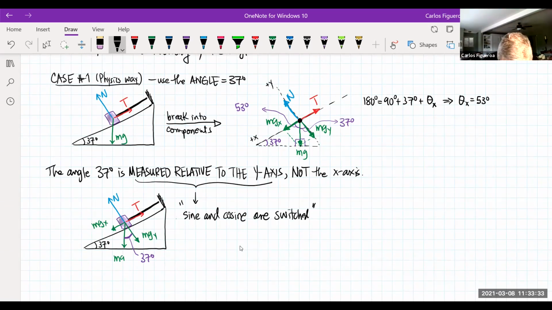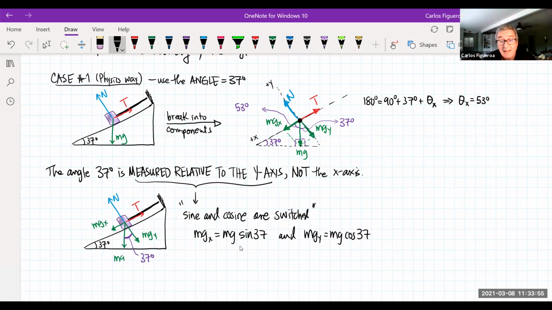Well, what it means is that when I look at mgx, it should be mg sine of 37, and mgy is then going to be mg cosine of 37.